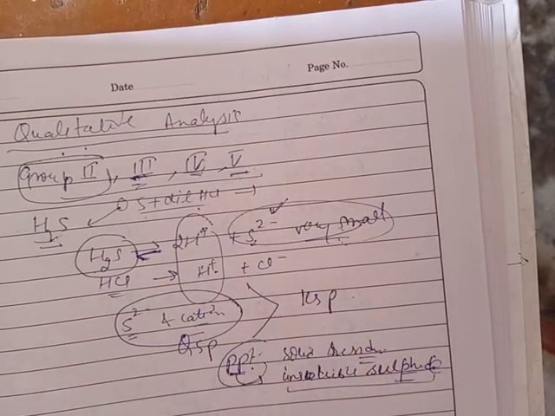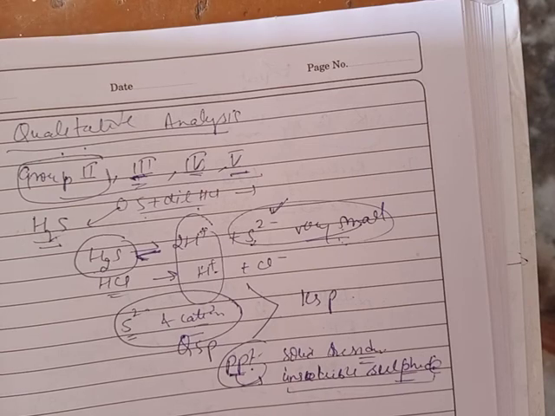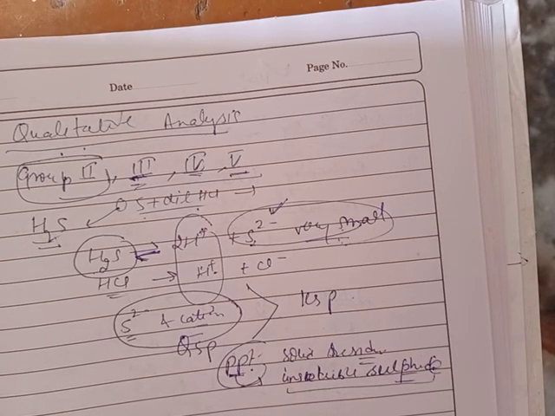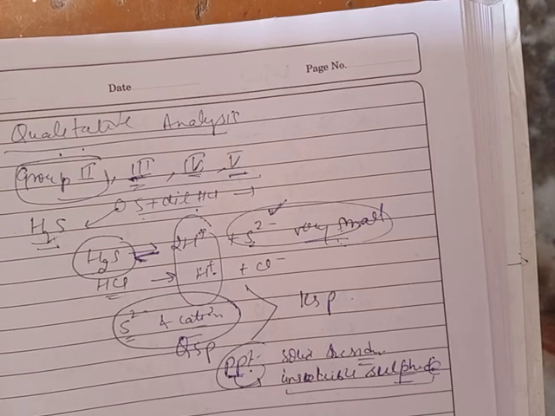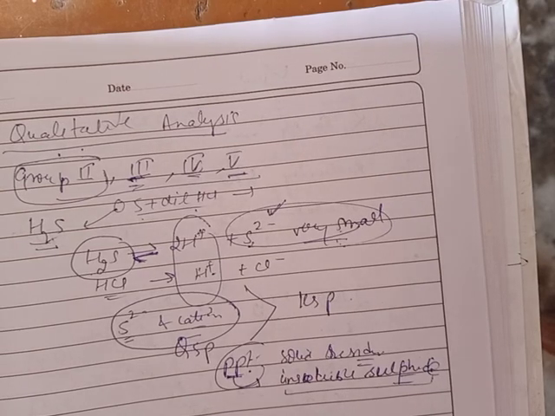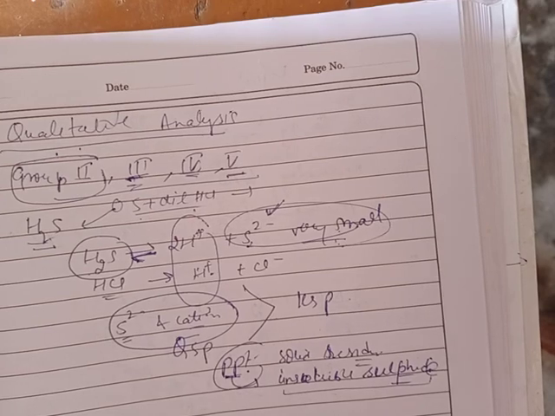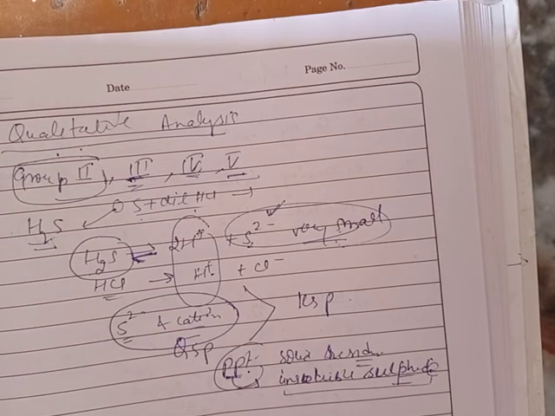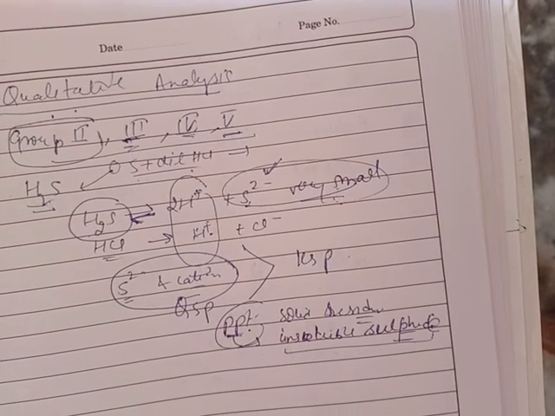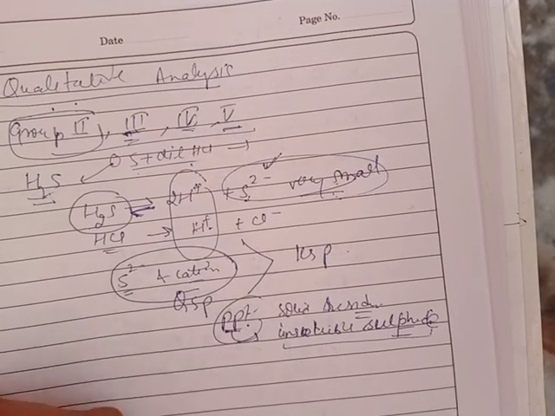And the last application is that this common ion effect and the Ksp also help in fractional precipitation. It is a technique of separating two or more ions from the solution by adding a suitable reactant which precipitates first one ion and then the other ion.